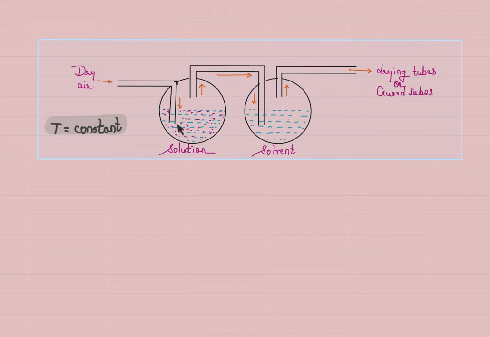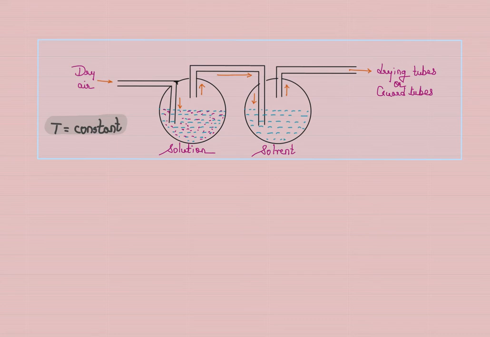So this is a solution in which the solute is dissolved in water, and here we have pure water taken, and here we have some drying tubes, and they would collect any amount of moisture that is present in the air as it passes through them. So this is the apparatus, and the two bulbs are also connected with each other, right?